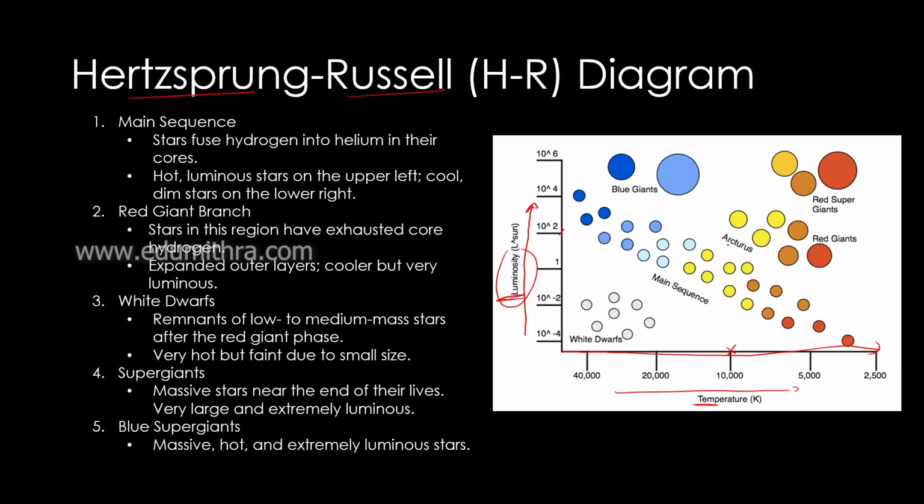Then we have to draw that star somewhere here. We can also denote its relative size by the circle, though size is not that necessary. Then I observe another star, whose temperature is around 30,000 Kelvin and its energy output is 10 raised to 6. Then I will draw it here.